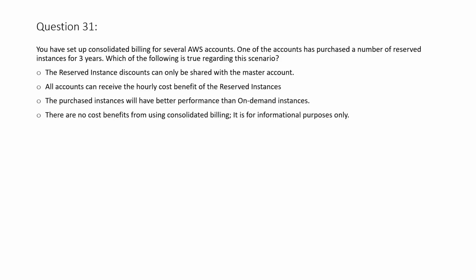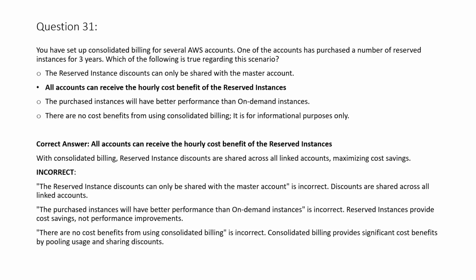Option C. The purchased instances will have better performance than on-demand instances. Option D. There is no cost benefit from using consolidated billing. It is for information purposes only. So the correct answer regarding this one is all accounts can receive the hourly benefit of the reserved instances. So reserved instance is the correct answer.